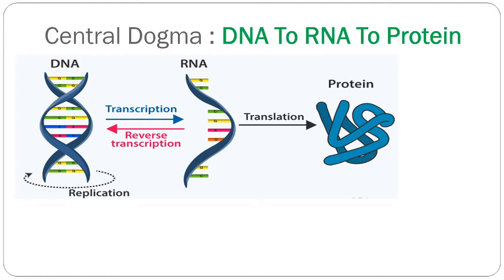So, in the central dogma, the double-stranded DNA contains some of the genes. The genes are transcribed and converted to a single-stranded RNA by the process known as transcription, and the protein is synthesized by the mechanism known as translation with the help of ribosomes. One more mechanism is also present: from the single-stranded RNA we can get double-stranded DNA.